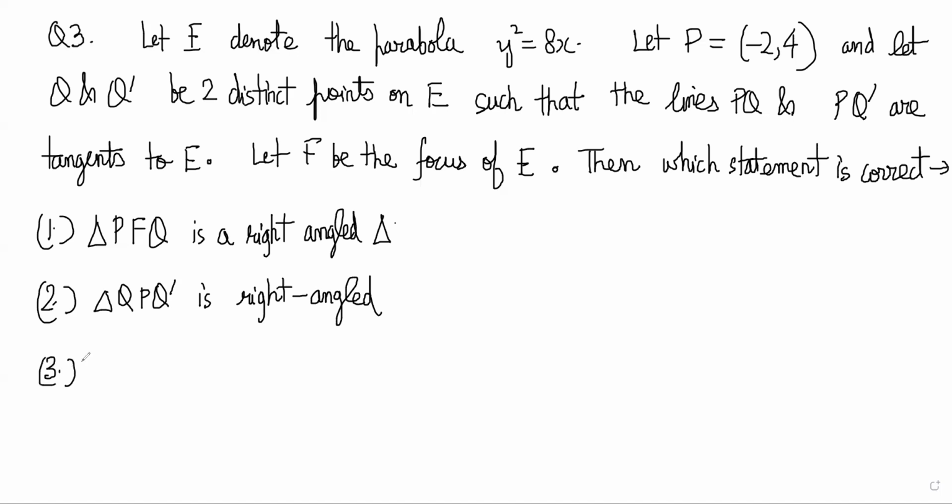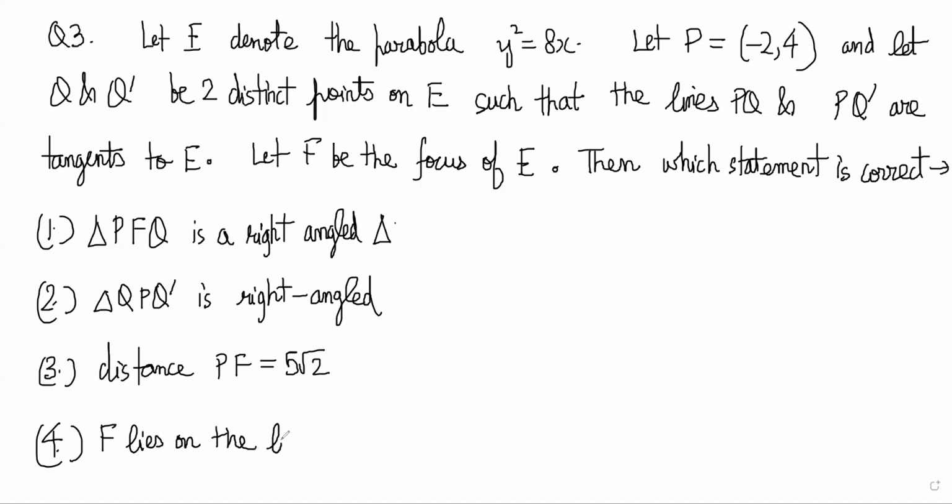The third statement is the distance PF is equal to 5 root 2. And lastly, F lies on the line joining Q and Q dash.